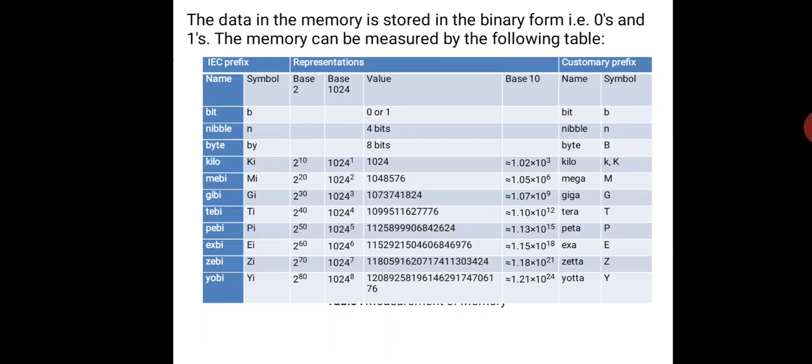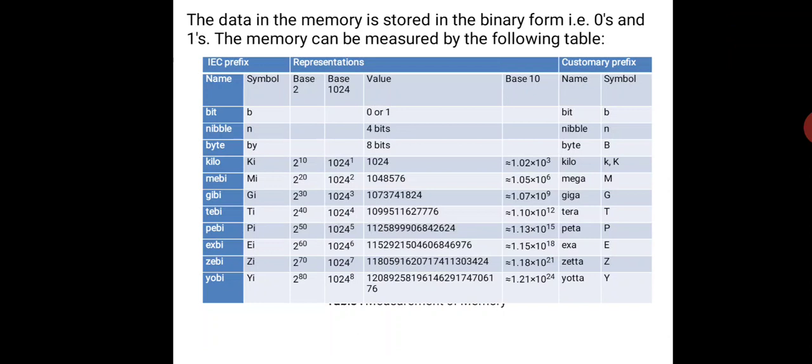The capacity of memory is measured by the following table. First one is bit, that is zeros and ones, called binary numbers. Next one is nibble: 4 bits equals 1 nibble. Byte equals 8 bits, zeros or ones.